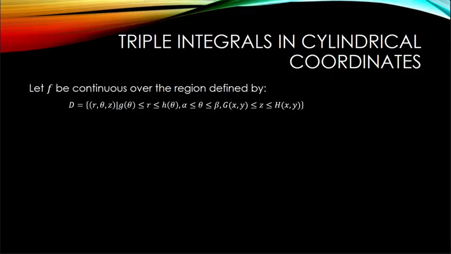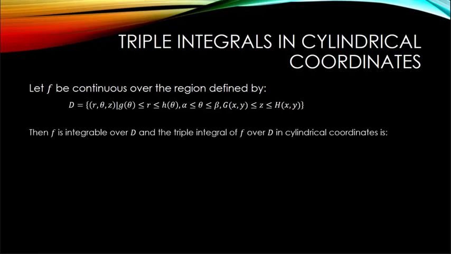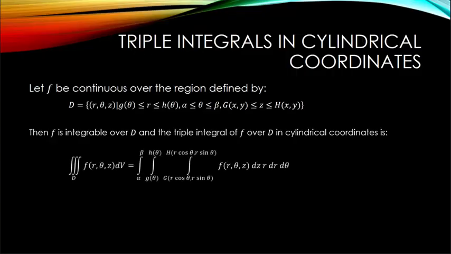If we let f be continuous over the region defined by D, equal to the set of all points (r, theta, z) such that g of theta is less than or equal to r, which is less than or equal to h of theta, alpha is less than or equal to theta, which is less than or equal to beta, and capital G of xy is less than or equal to z, which is less than or equal to capital H of xy, then f is integrable over the region D, and the triple integral of f over D in cylindrical coordinates is given by the triple integral over the region D of f(r, theta, z) dV, which is equal to the integral from alpha to beta of the integral from g of theta to h of theta of the integral from capital G of (r cosine theta, r sine theta) to capital H of (r cosine theta, r sine theta) of f(r, theta, z) dz r dr d theta.